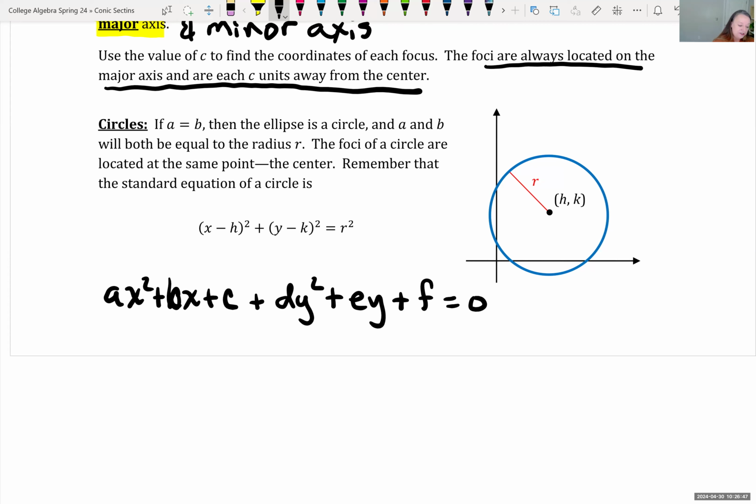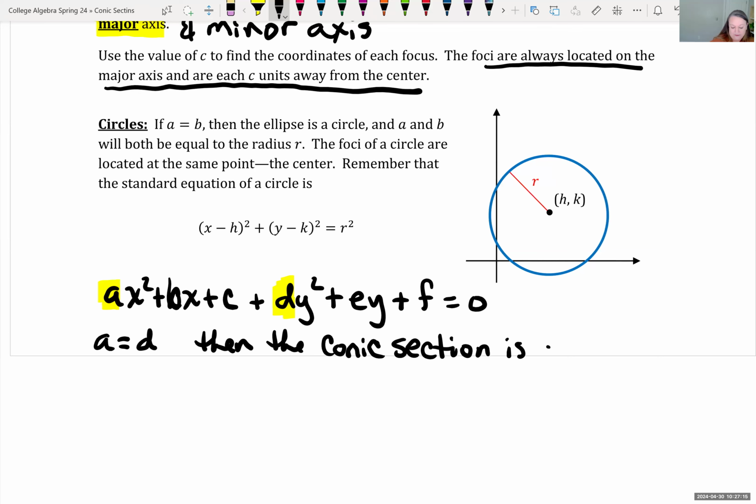If the numbers in front of the squares are the exact same number, it's a circle. So if A is equal to D, then the conic section is a circle.